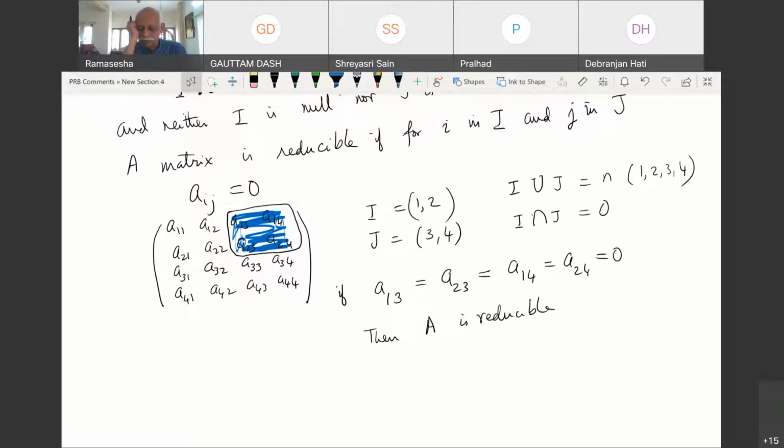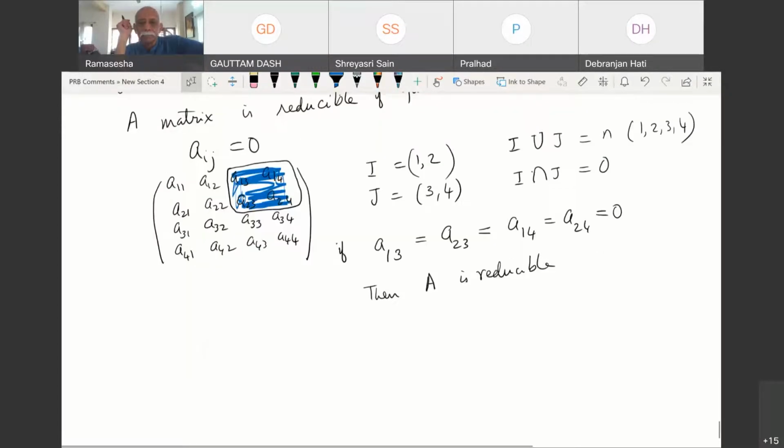So it has to do with both the matrix and the I and J. Yes, and I and J should also satisfy the property that the union of I and J is N, and the difference between I and J is equal to 0.